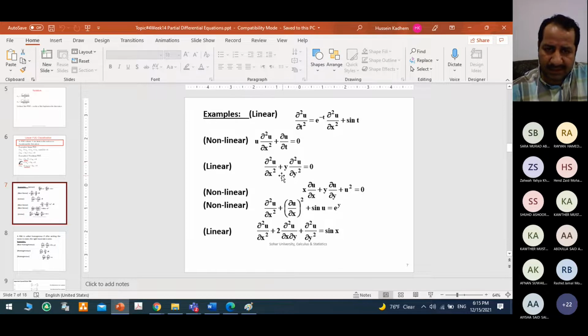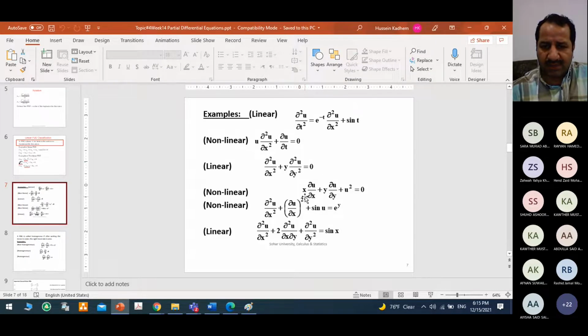This equation, the third equation, partial square u over partial y, this is fine. y, which is the independent variable, is multiplied by the partial derivative of the dependent variable, which is fine. This is linear.